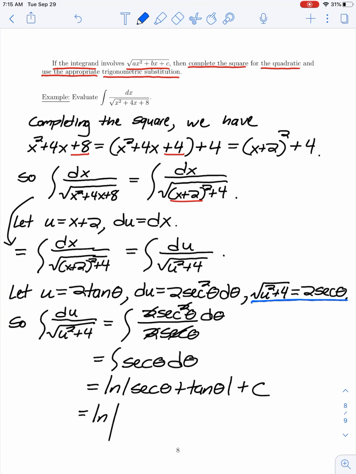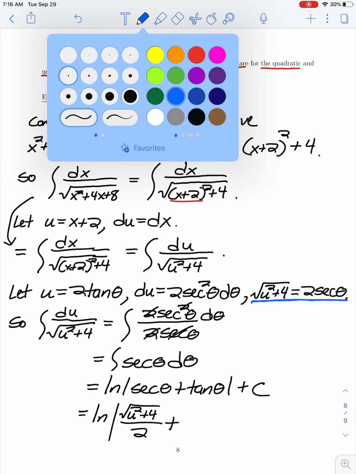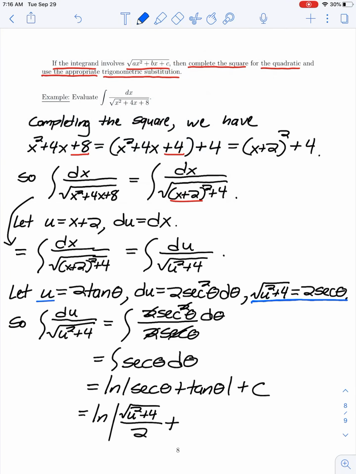If I divide this equation through by 2, then I find secant theta is equal to the square root of u squared plus 4 over 2 plus tangent of theta, and looking back at our equation where we made our trig substitution, if we divide this equation by 2, we find that tangent theta is equal to u over 2, and then we have our plus c.